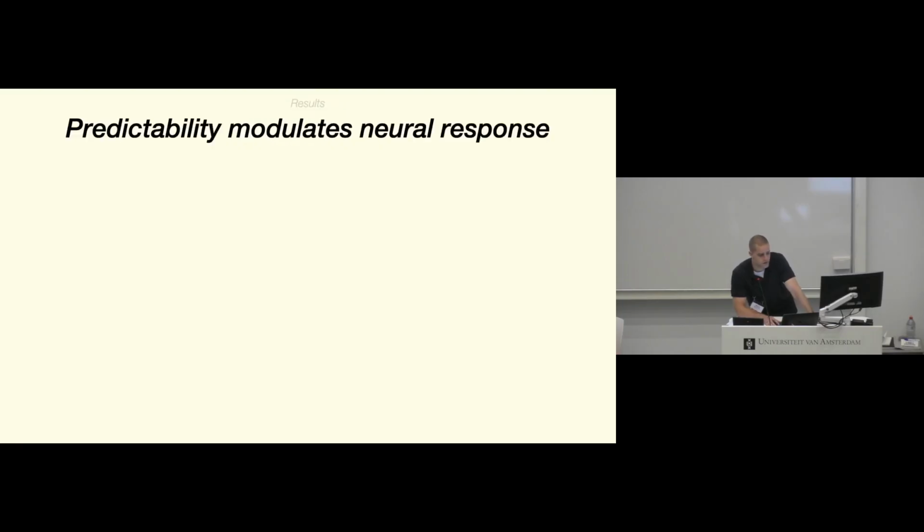So let's have a look at what results this got us. First, we want to make sure that our baseline model of bottom-up features could explain sufficient neural variance by itself, which is indeed the case, as can be seen in this figure.